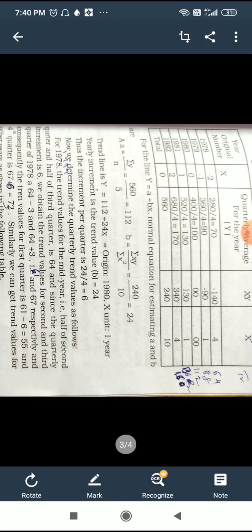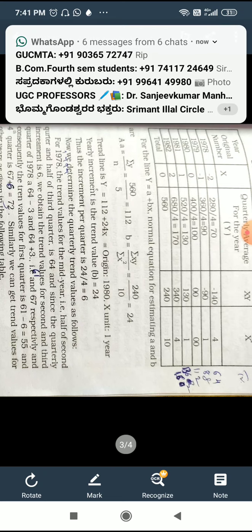For the year 1978, y is equal to a plus bx, that is 112 plus 24 into x value minus 2, that is 112 minus 48, which is 64. Like that, for each year we have to calculate the trend value.